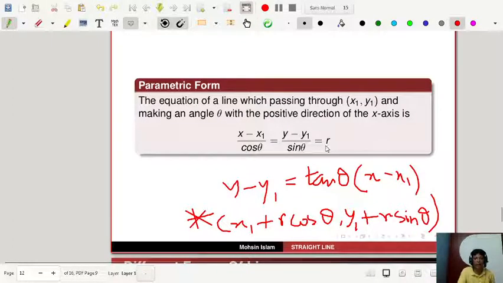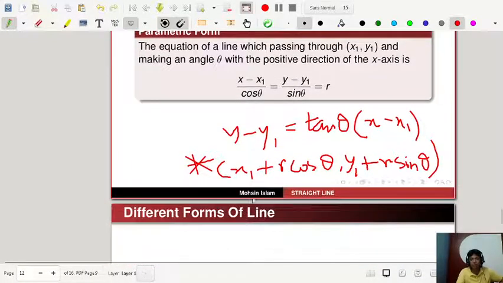r is a parameter because its value changes. Its value will change from point to point, so that is why it is called the parameter, because theta is constant for a fixed line. So any point on that line is given by this equation.